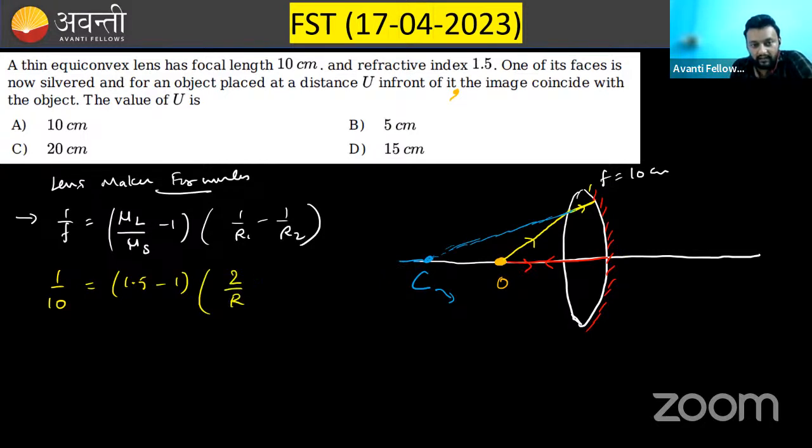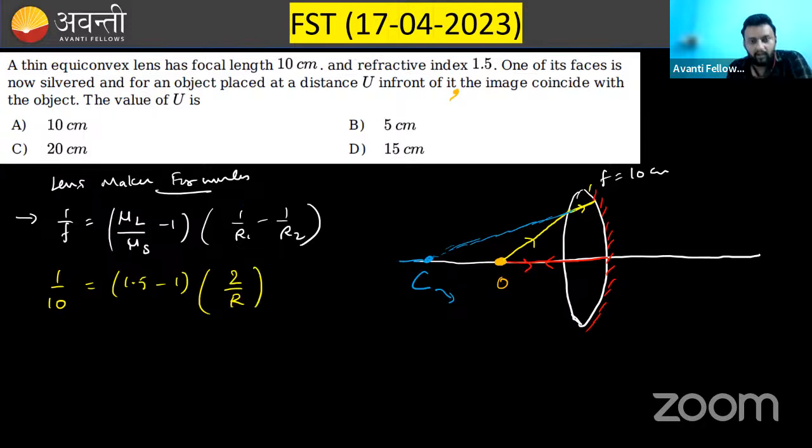That will be 2 by R. 1.5 minus 1 will be 0.5. 0.5 means 1 by 2. So 1 by 2 will be cancelled by this 2. Doing it very quickly now. So R will become 10 centimeter.